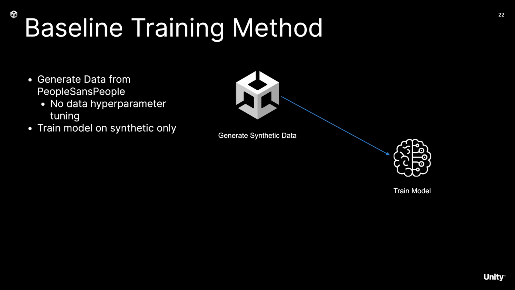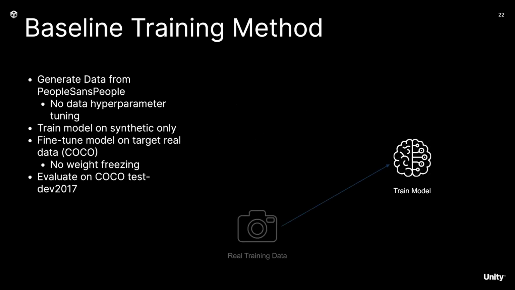Okay, now comes the part that really matters, which is, well, how well does this synthetic data do as a training method? So for baselining this data set, what we've done is we've generated synthetic data and trained the model. We did no tuning of the synthetic data parameters, and the model was trained first on synthetic only. Then we fine-tune the model on our target real data.